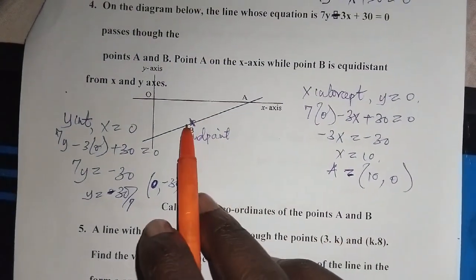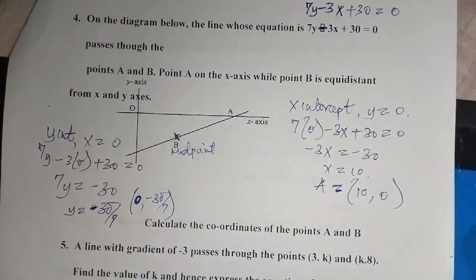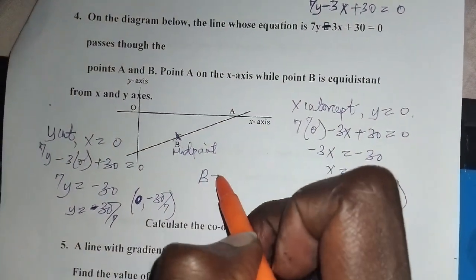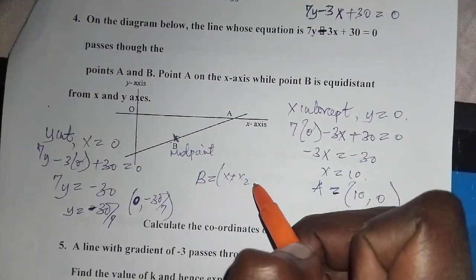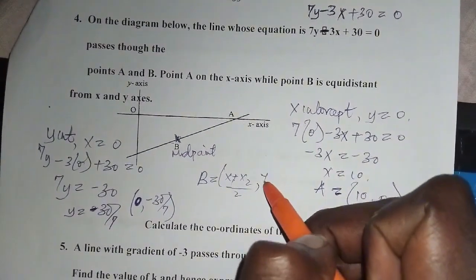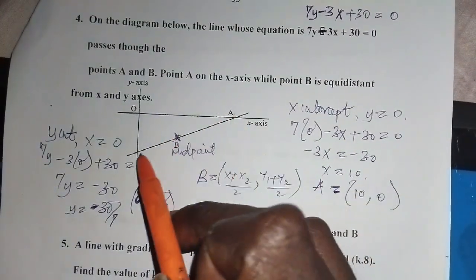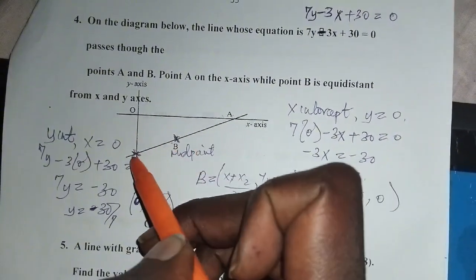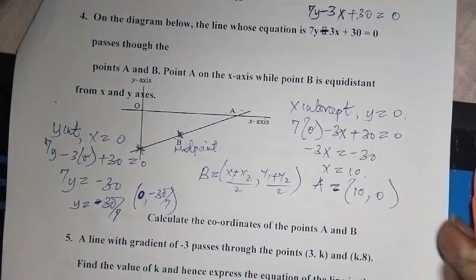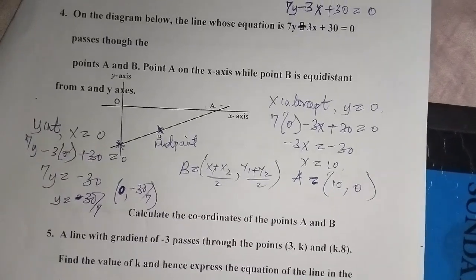Since B is the midpoint, we need to find B. To get the midpoint, we take x1 plus x2 and divide by 2, y1 plus y2 divided by 2 for these two points, because B is at equal distance between those two points.